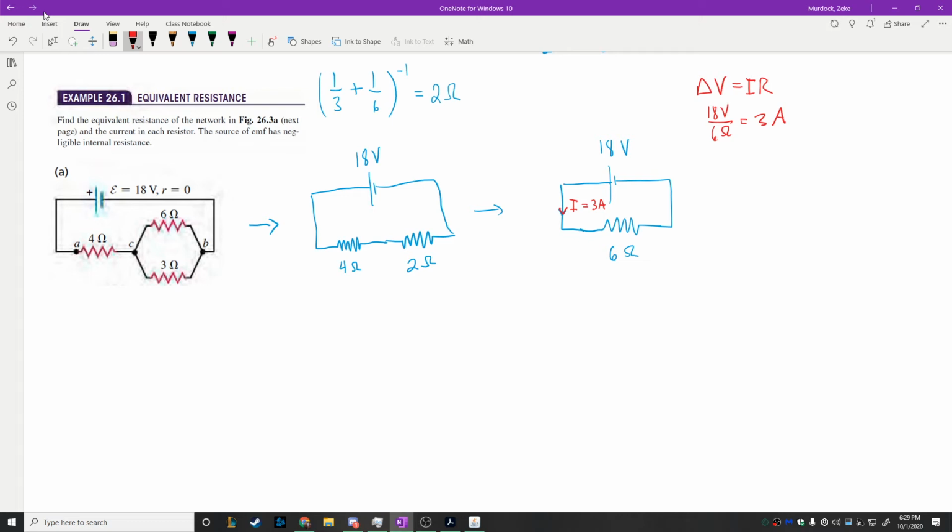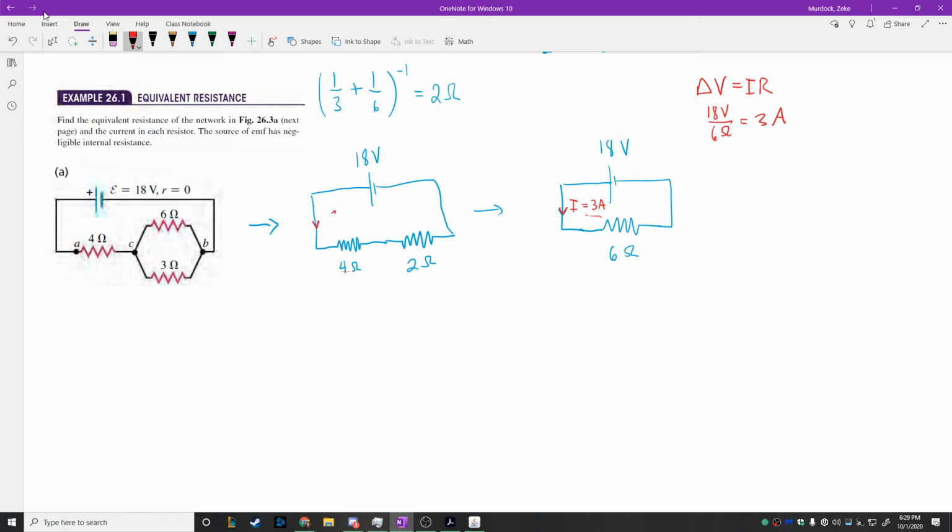But then we look at this picture here and we say, oh, these are in series, right? So what do I know about the current here compared to the current through these two? Equal. Yep.